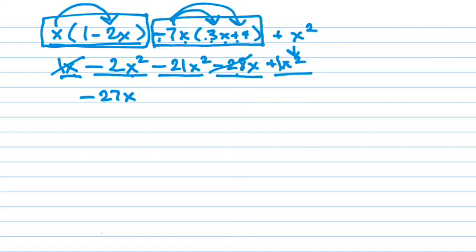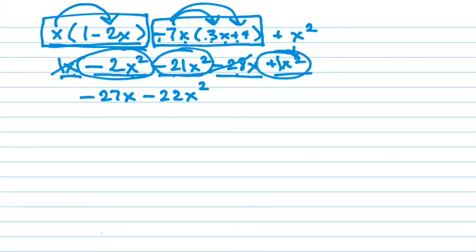So negative 2 of them minus 21 of them makes negative 23, plus 1 more makes negative 22x to the second. Combining these 3 like terms, negative 2 and negative 21 make negative 23. Plus 1 makes negative 22. Right? If that's an issue for you, take them off to the side.